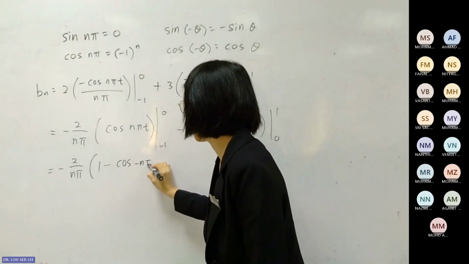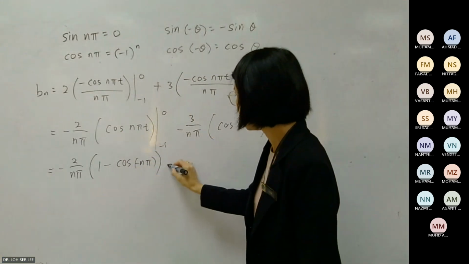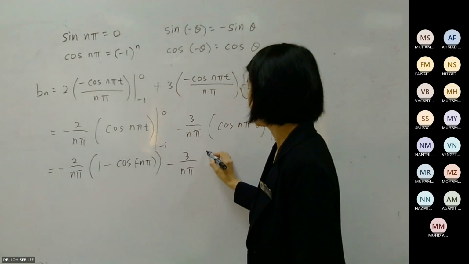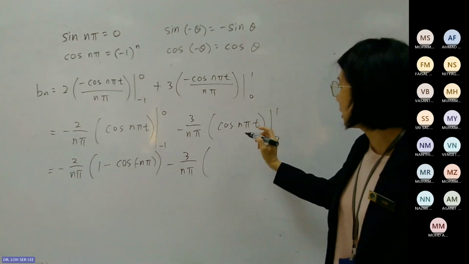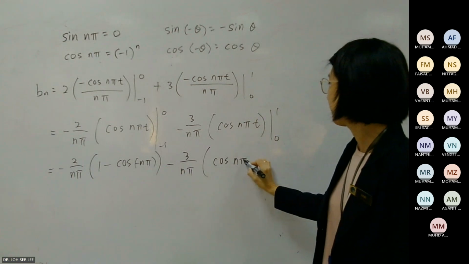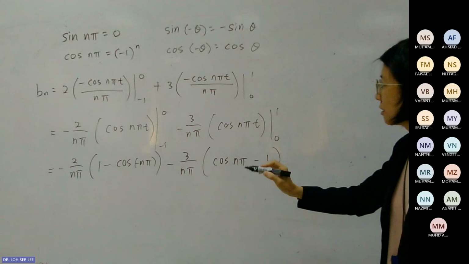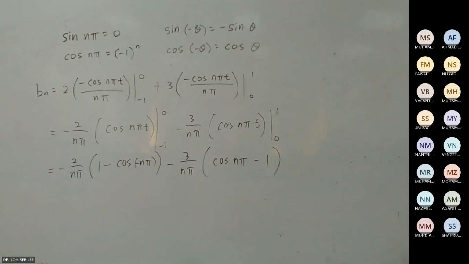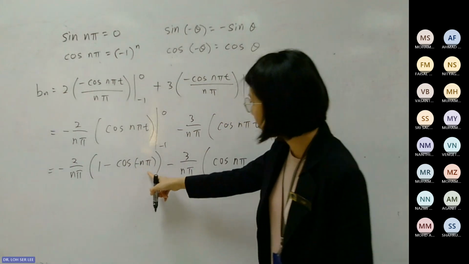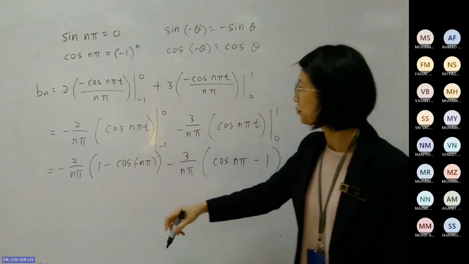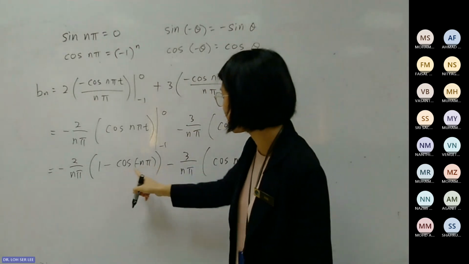Cos negative n pi, right? 1 into t cos n pi, minus 0 into t, cos 0 is 1. So this one is cos negative n pi. What is cos negative n pi? Cos n pi. This is cos n pi.